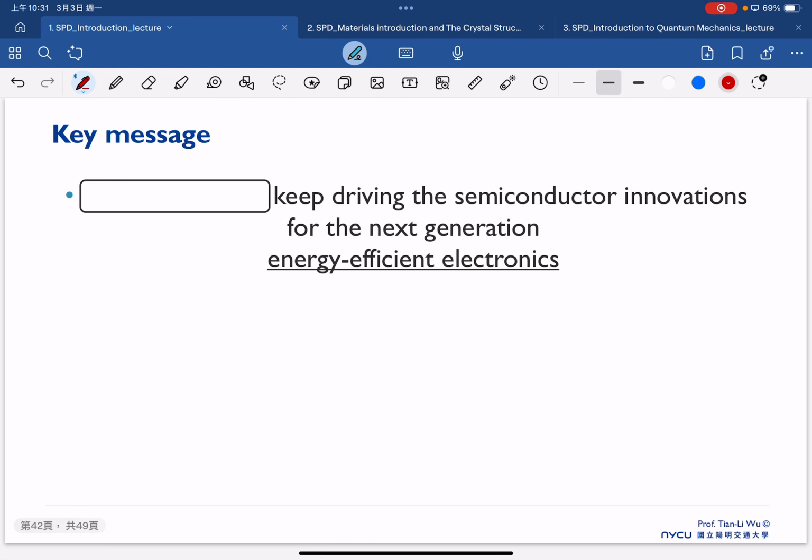So in the end, when we consider semiconductor innovation, if we try to have energy efficient electronics, it means we want to fabricate low power operation, low power consumption technology, or we want to have very efficient power converters.